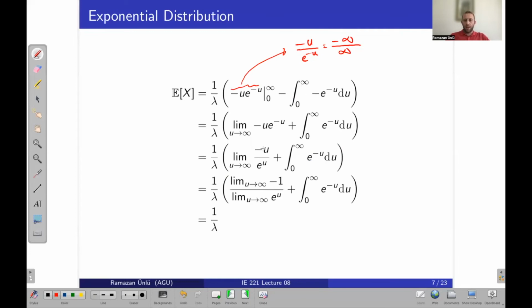So if this is the case, I can use L'Hopital's rule. What I mean, I can write this as the limit as u goes to infinity of minus u over e to the u.